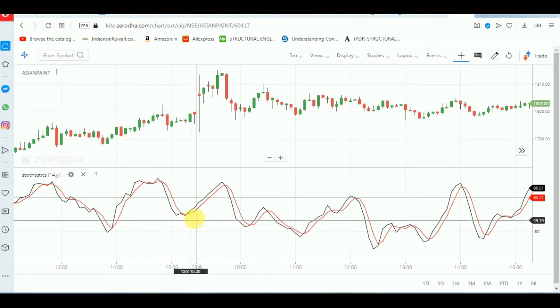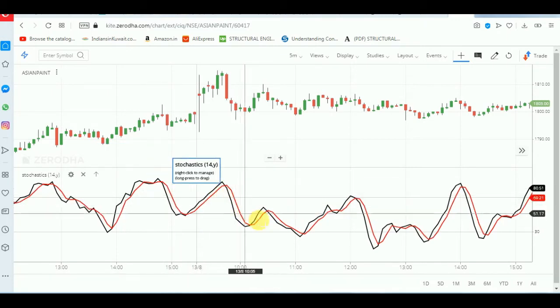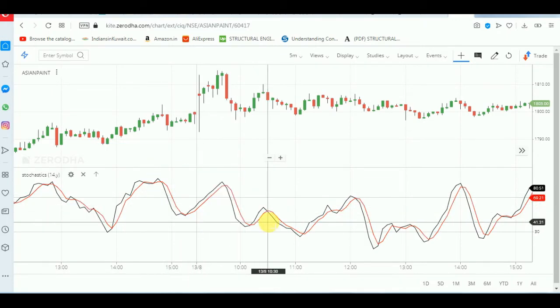It almost forms a smooth line because the fast line captures the small period and the red line captures the bigger part. Based on that, these lines move.